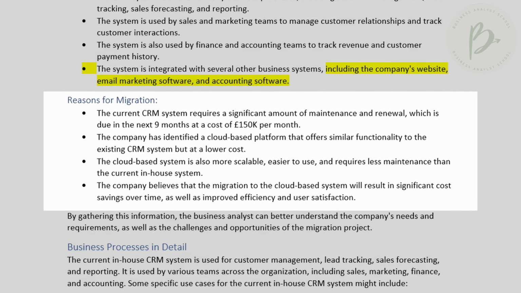And finally, the company believes that the migration to the cloud-based system will result in significant cost savings over time. The initial spend might be high, but over time, there will be cost savings. This is where benefits analysis is done as well by business analysts. It will also improve efficiency and user satisfaction.